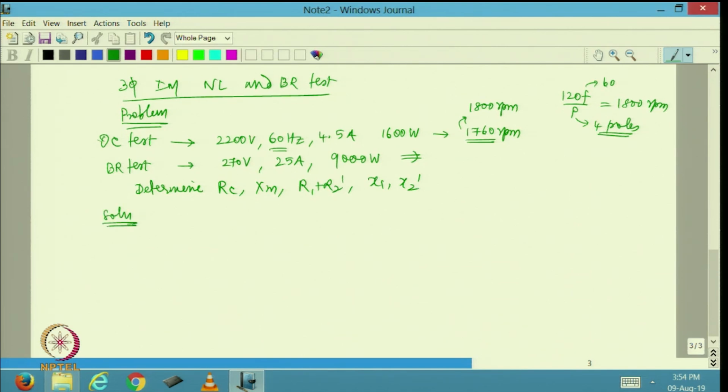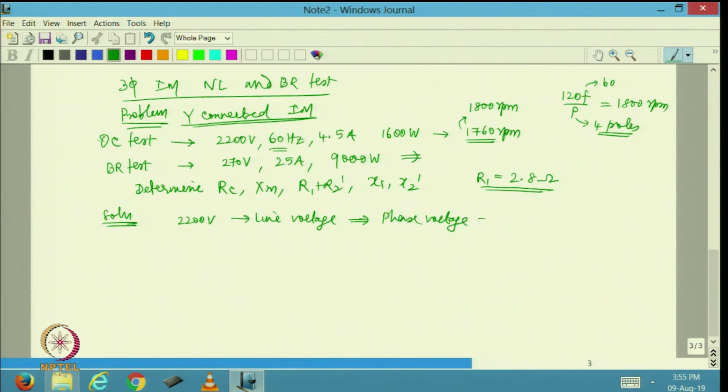Now, 2200 volts is given as the line voltage, and one more thing that is given is R1 is given as 2.8 ohms. This is also given. Okay. So, this is going to be the line voltage, and if it is given as Y connected induction motor, first of all I have to get the phase voltage.